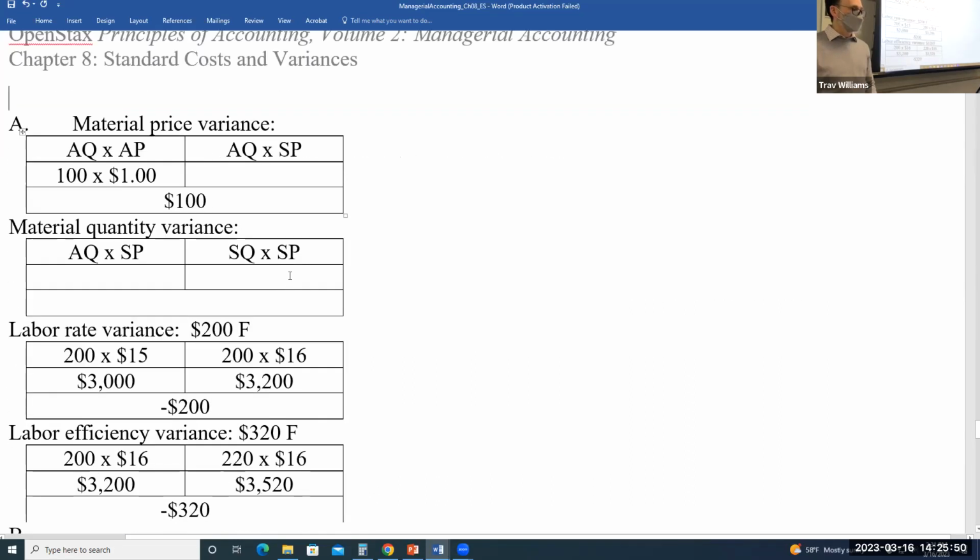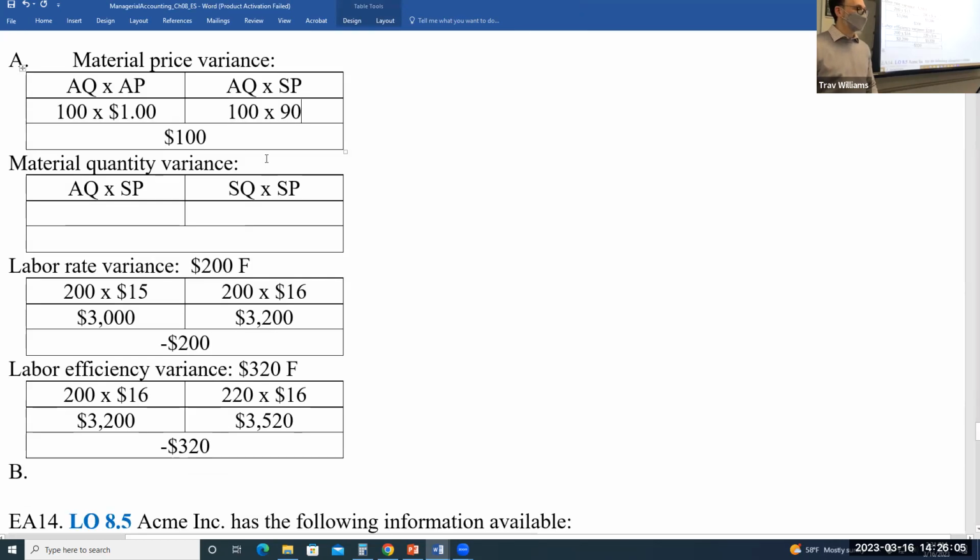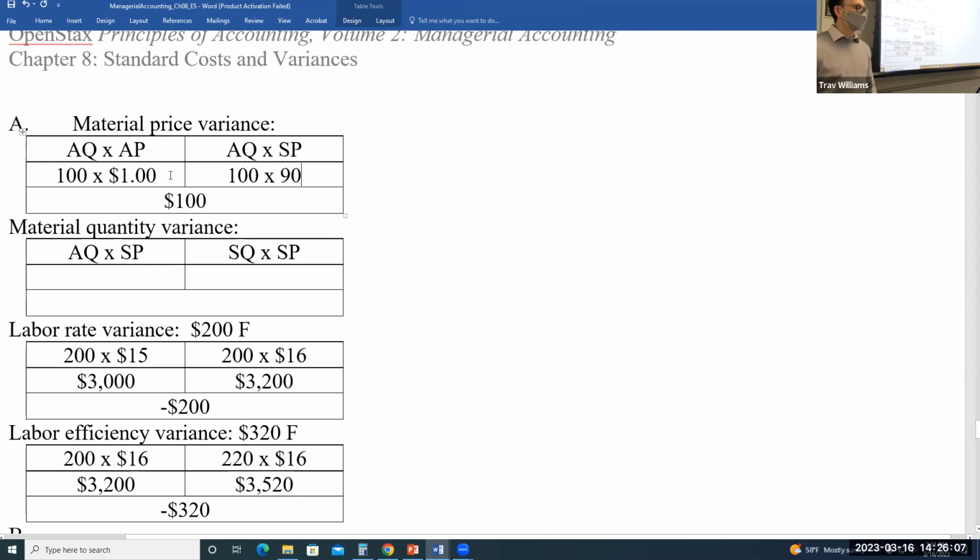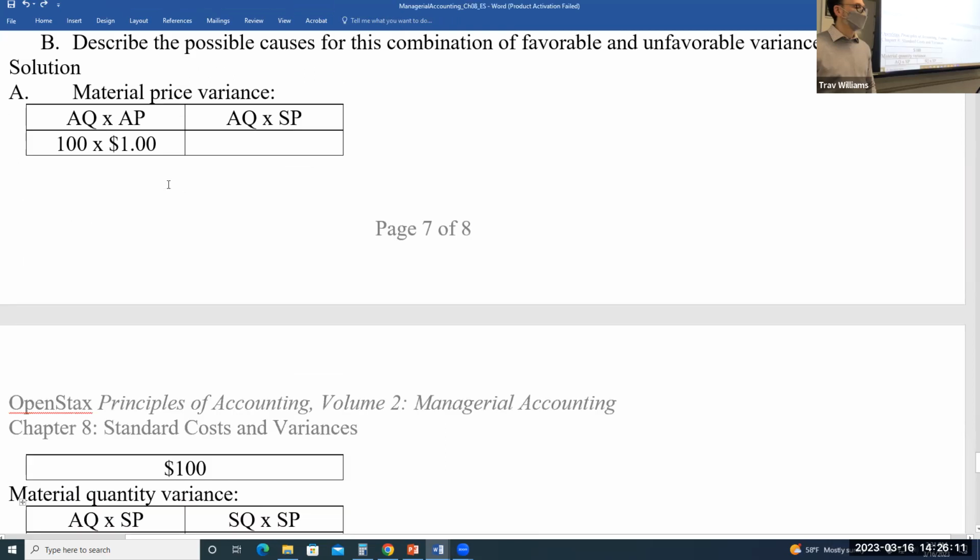All right, so for number 13, the difference is standard price is 90 cents. Oops, what did I do? Oh, I put it in the wrong place. That's what I did. Goes here. There we go.